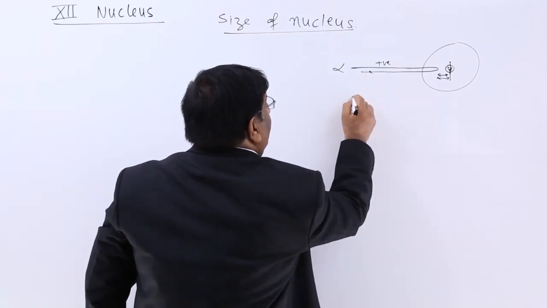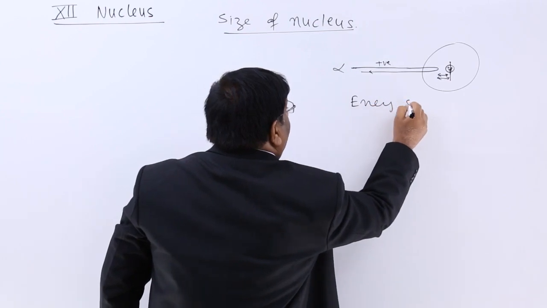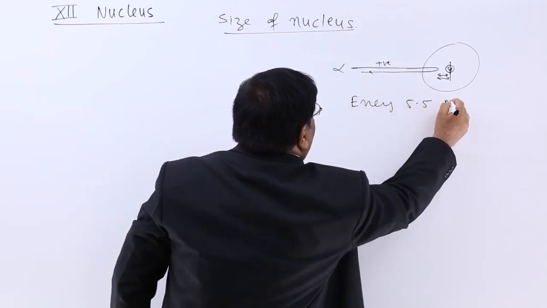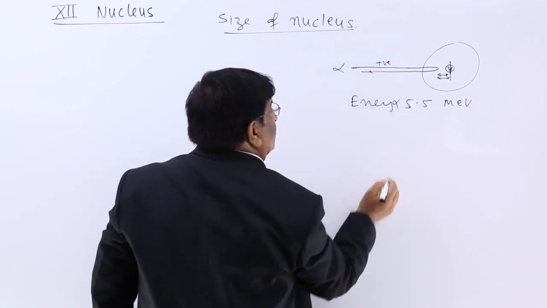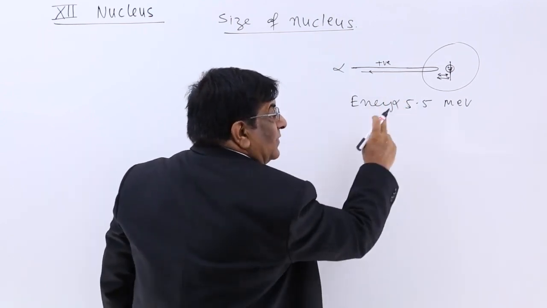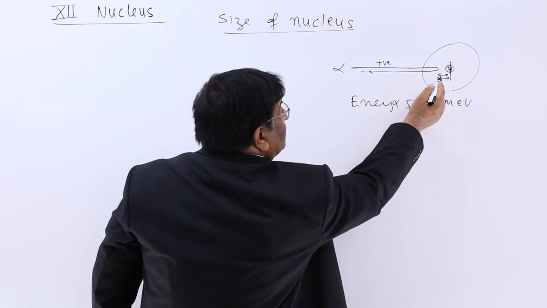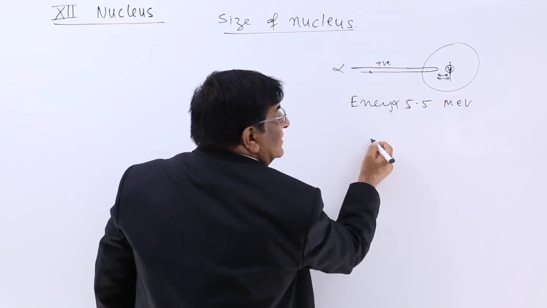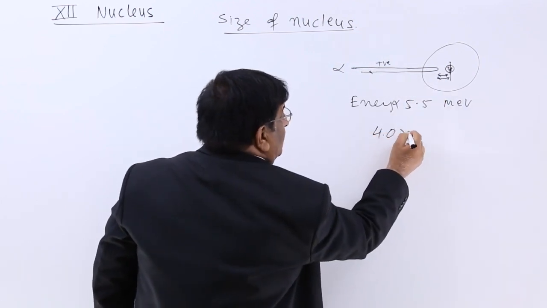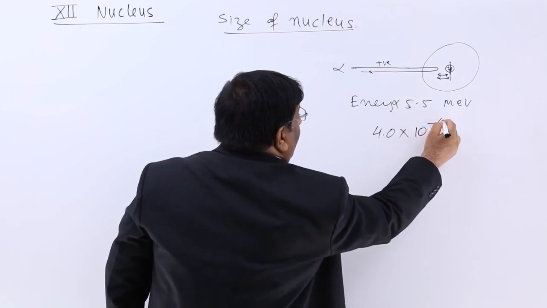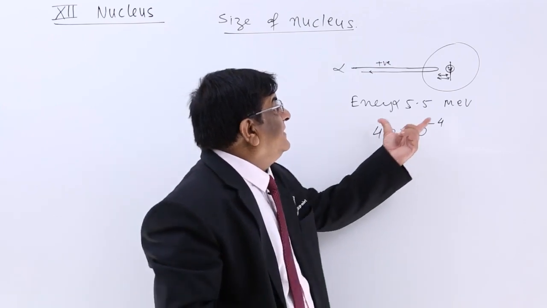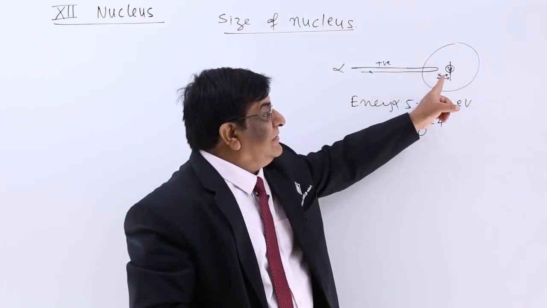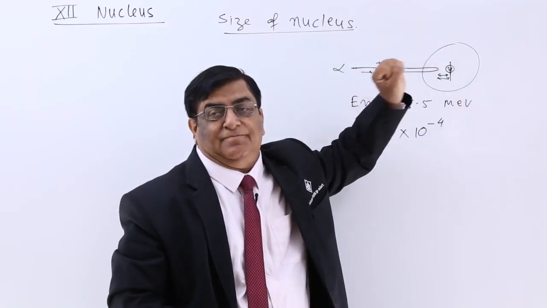The energy of the alpha particle was 5.5 million electron volt, and they went very close to it. How close? The distance of closest approach for the alpha particle was 4.0 into 10 to the power minus 14. So this is the small size which has come.